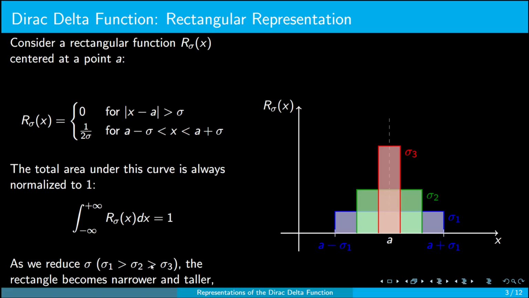As we reduce sigma, the rectangle becomes narrower and taller.